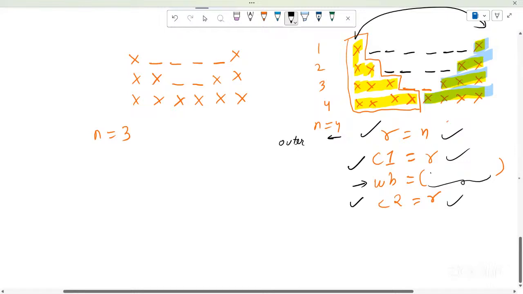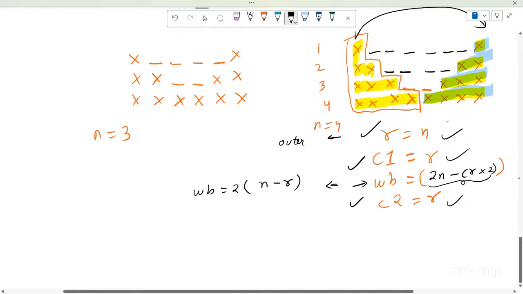So you have mentioned the relationship as 2N minus R into 2. If this is the case, can I simplify it as WB equal to 2 comma N minus R? 2 is common, right?